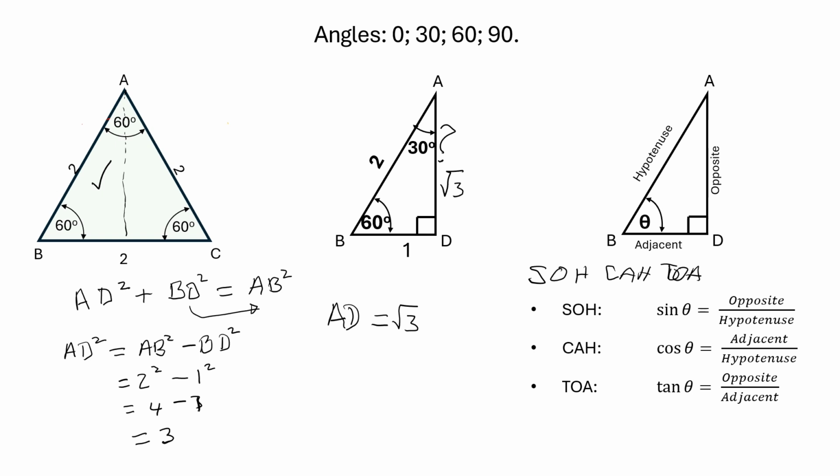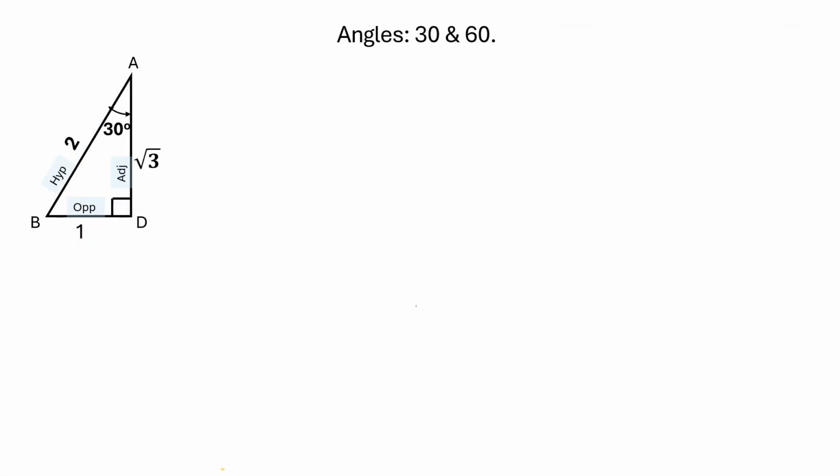With this in mind, we can now go ahead to find the trigonometric ratios. We'll use this ABD triangle to find our trigonometric ratios.